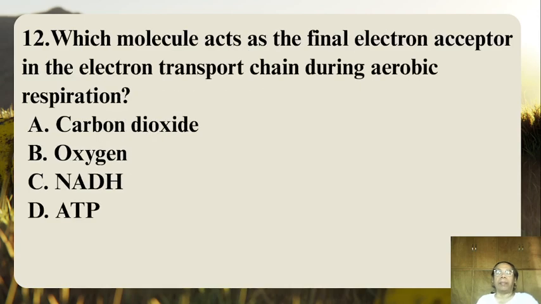MCQ number 12. Which molecule acts as the final electron acceptor in the electron transport chain during aerobic respiration? Letter A, carbon dioxide. Letter B, oxygen. Letter C, NADH. And letter D, ATP.